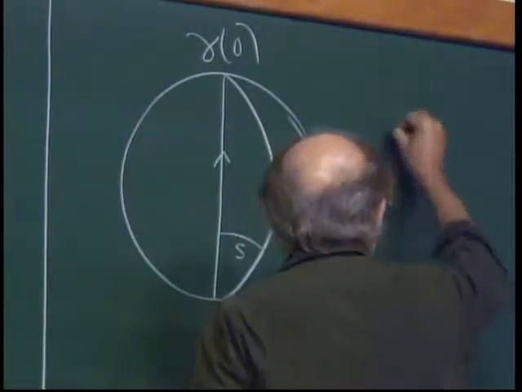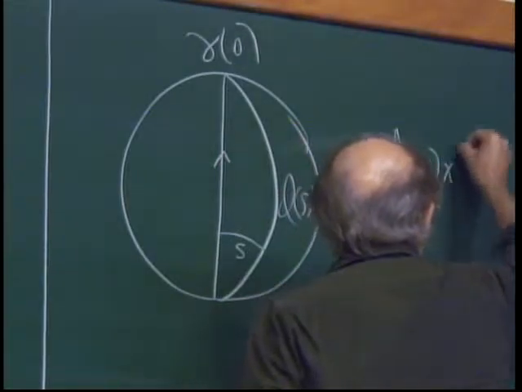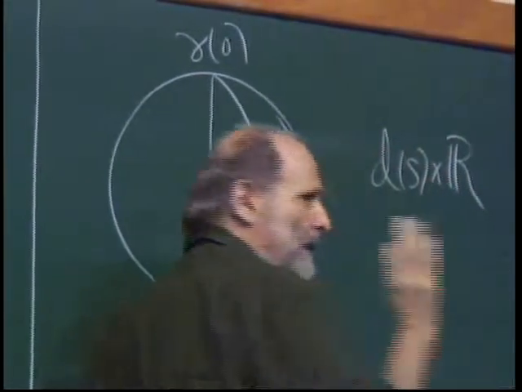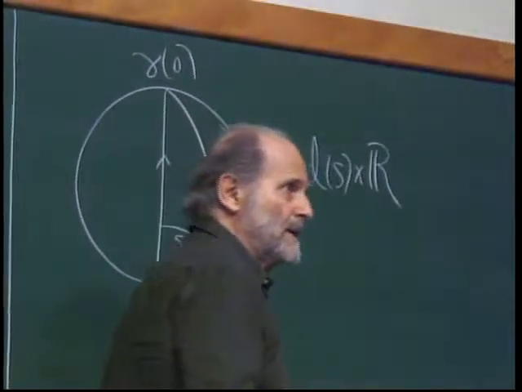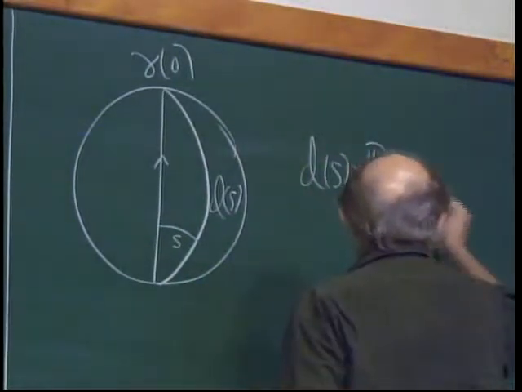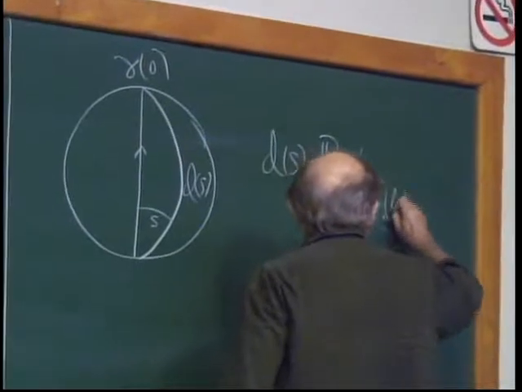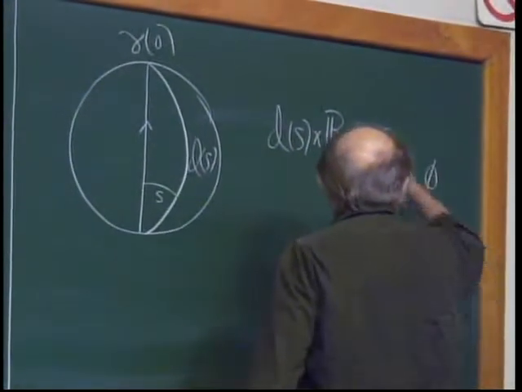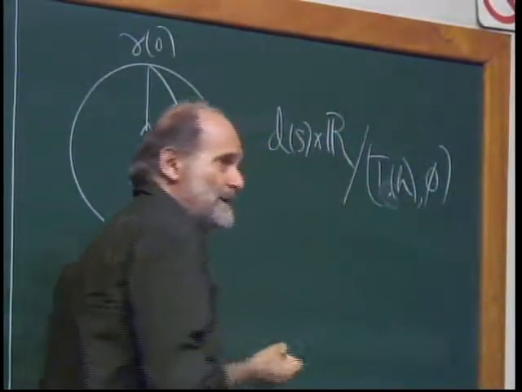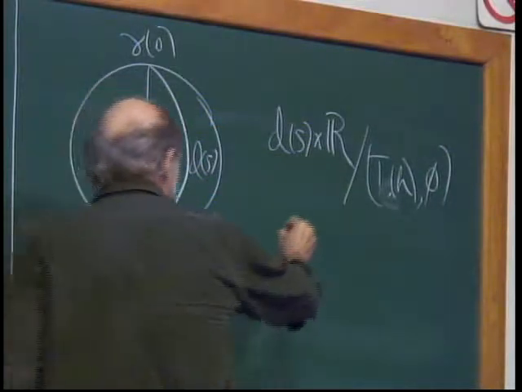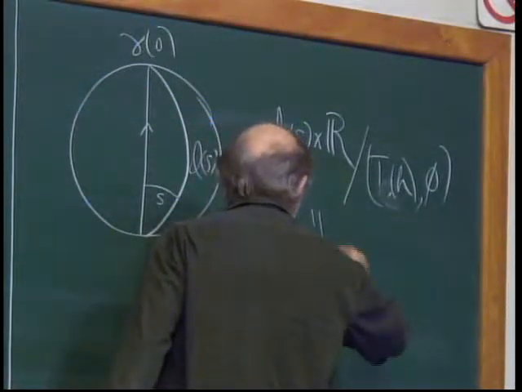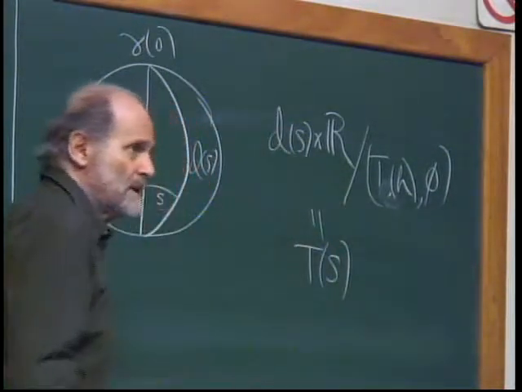If I look at d of s cross R, so that's R2, I can quotient this by the group G generated by T of H, translation by H, and phi. This is a torus. It's a torus, T of S. What kind of torus is it?